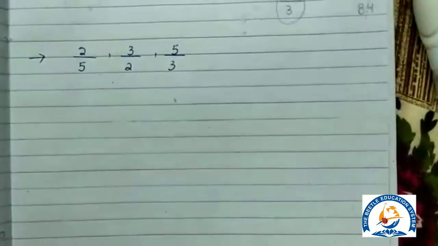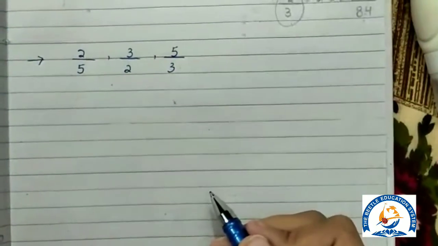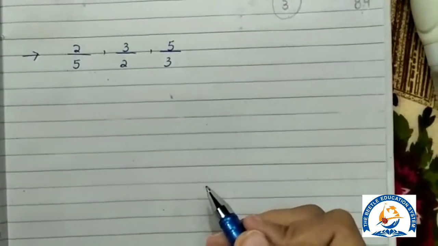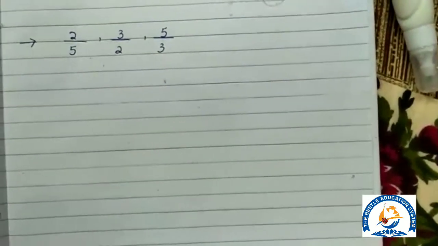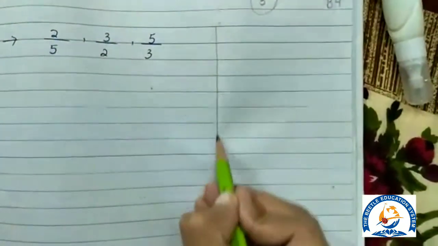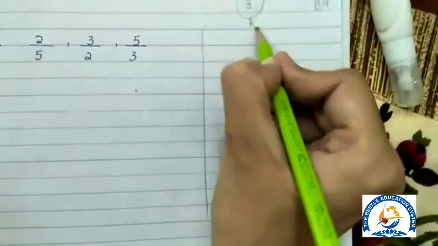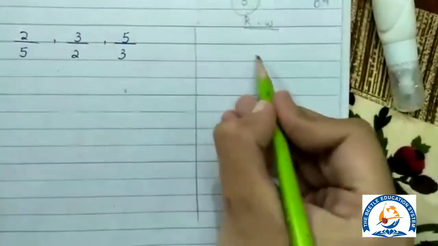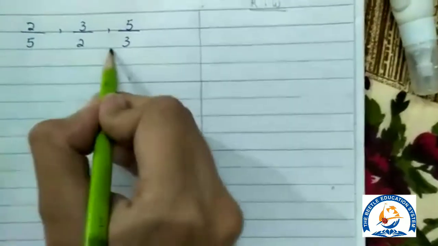Here again, all the numerators are different and all the denominators are also different. Again, what we will do, we will take the LCM of the denominators. Again, we will make the rough work, as rough work is very much important. 5, 2 and 3.